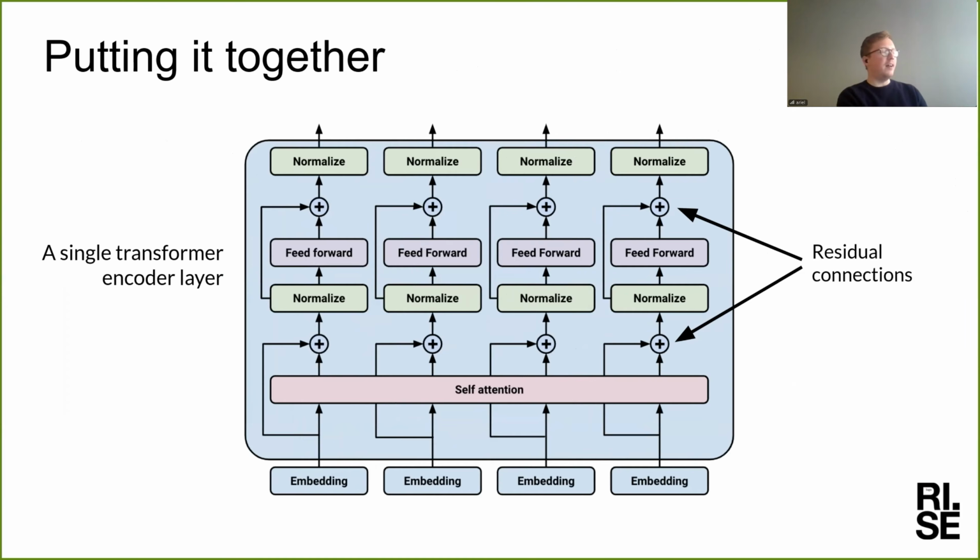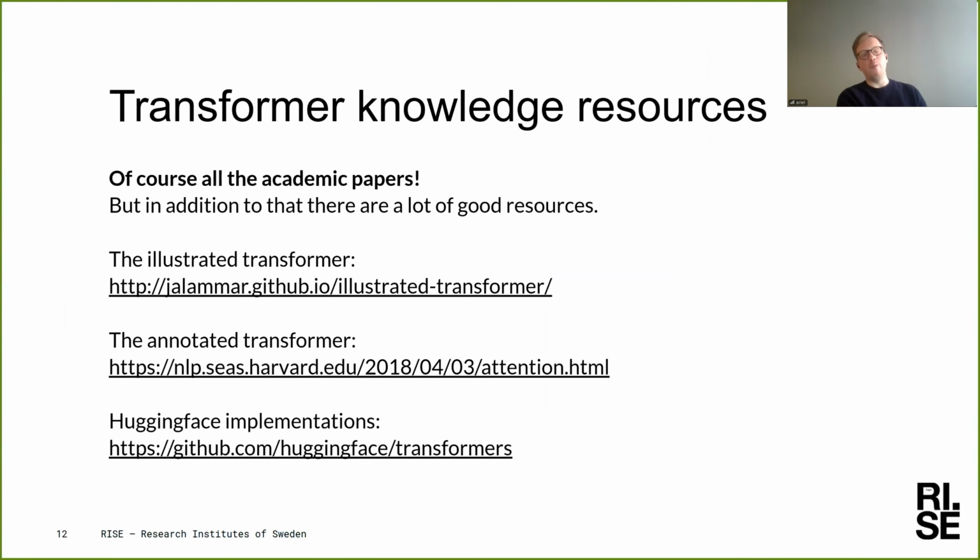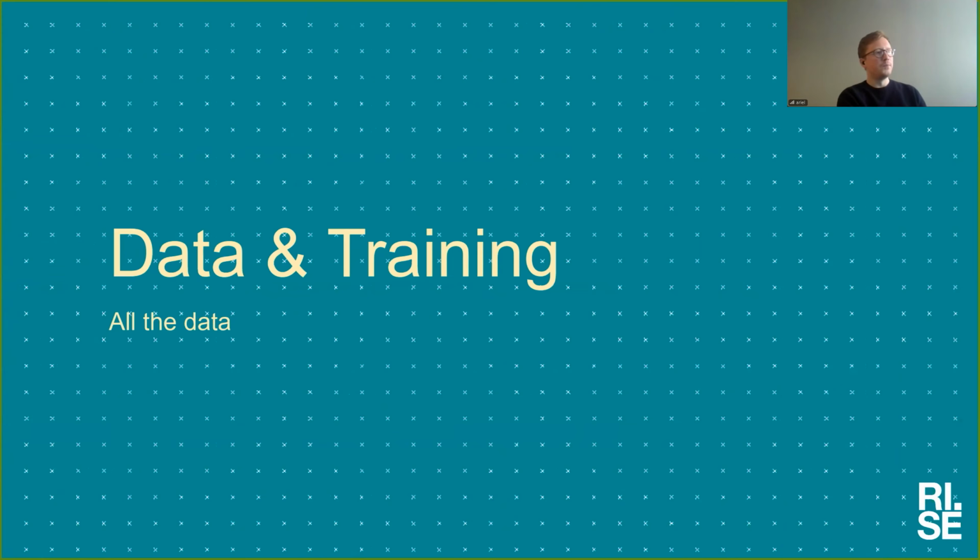And that is, in a sense, a simple architecture. But of course, there are a lot of details involved with training them and getting really good performance and making them resource efficient and whatnot. There are a lot of good resources out there.